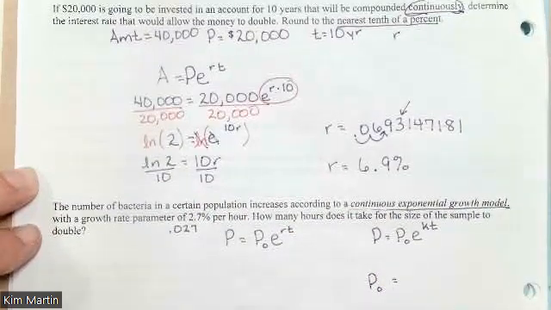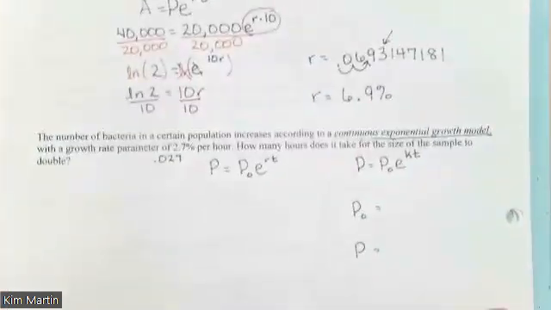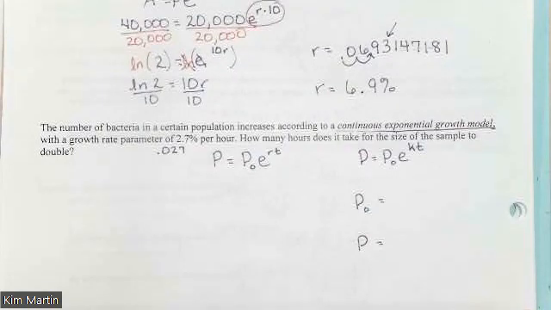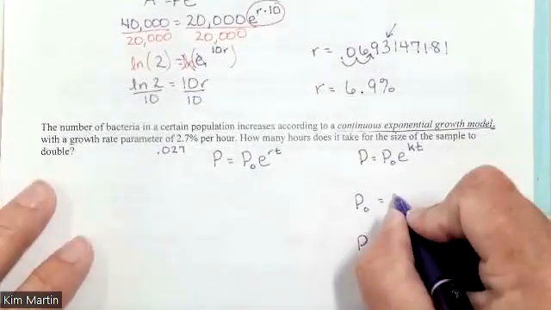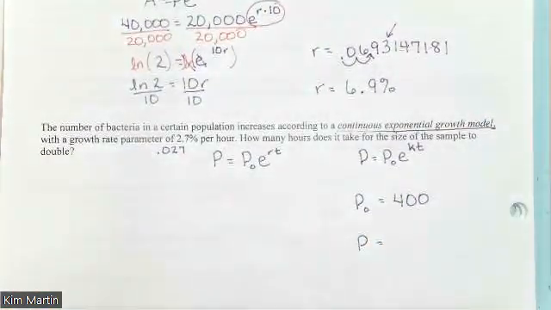I want everybody to pick a number and place it for P of 0, our initial population. P sub 0. Pick a number, doesn't matter. I'm going to pick 400. I like using bigger numbers. It doesn't really matter.